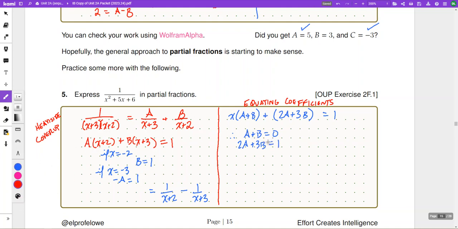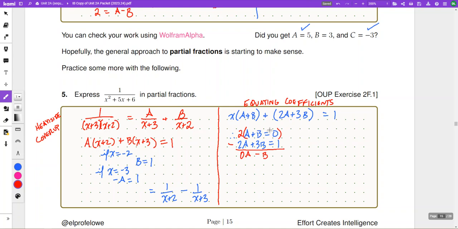So now we have two equations and two unknowns. If we multiply both sides of our first equation by 2, then we have 2a minus 2a, which would be 0a. We'd have 2b minus 3b, which would be negative b.